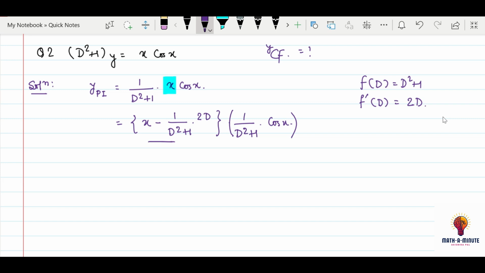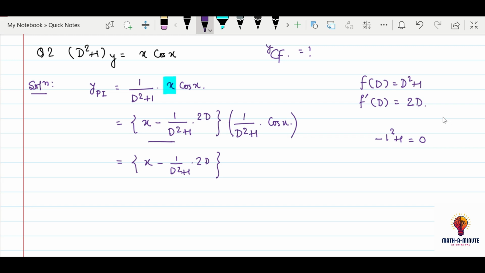Here the operator is D square plus 1. If I replace D square by minus 1 square, this value becomes 0. So how do we apply this operator to this function?